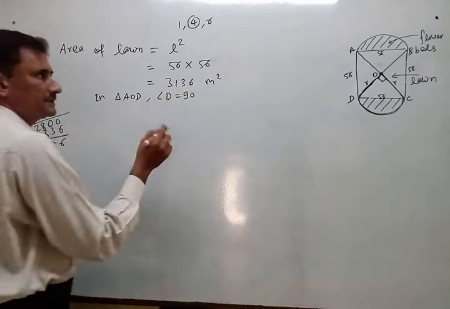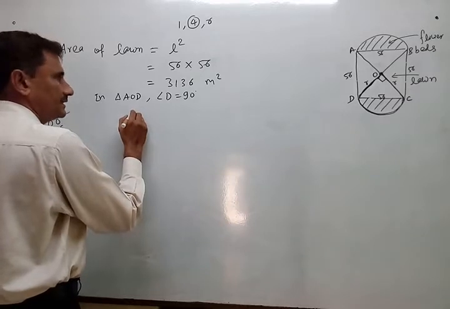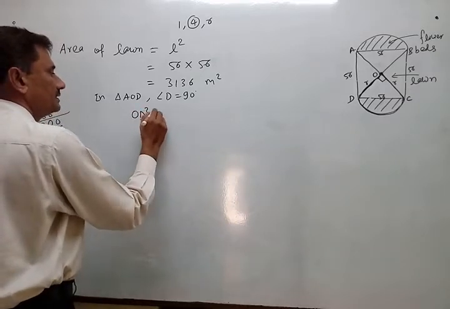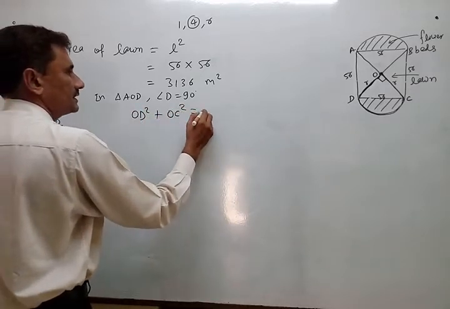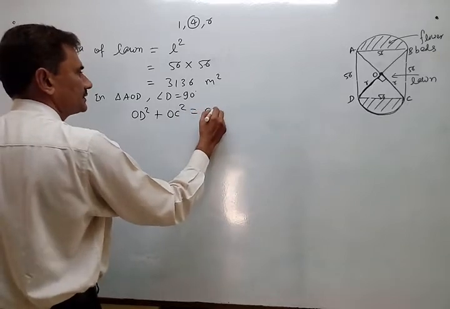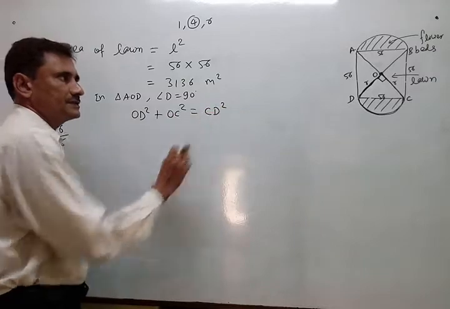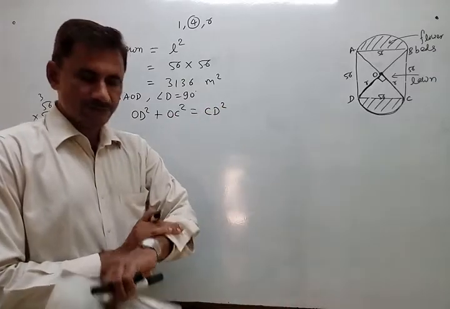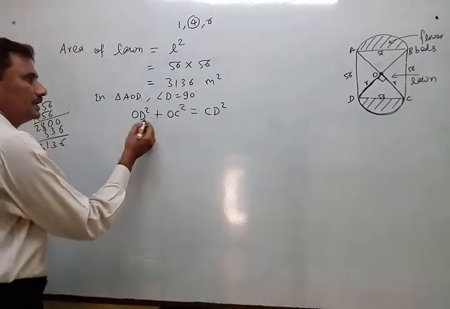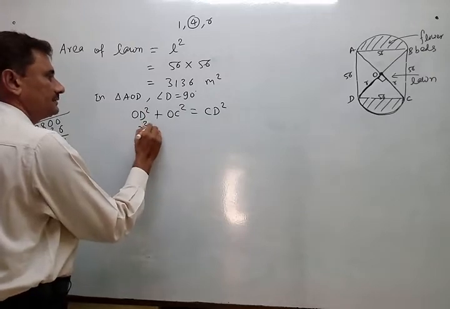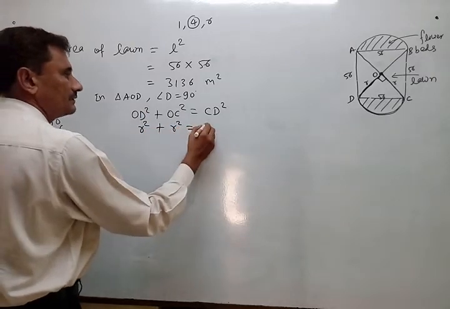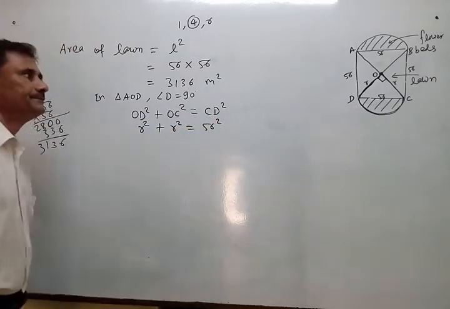So whatever happens, OD square plus OC square equals DC square. One side square plus second side square equals hypotenuse square. So it will be R square plus R square equals 56 square.